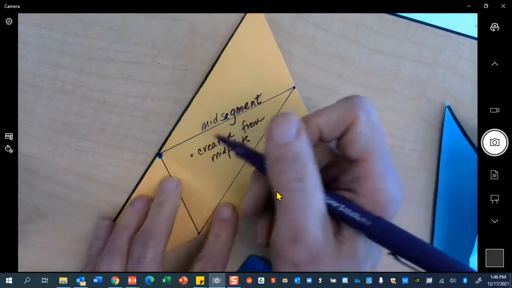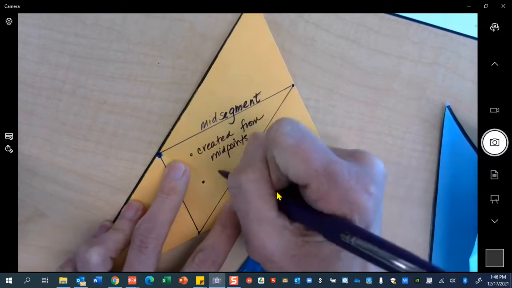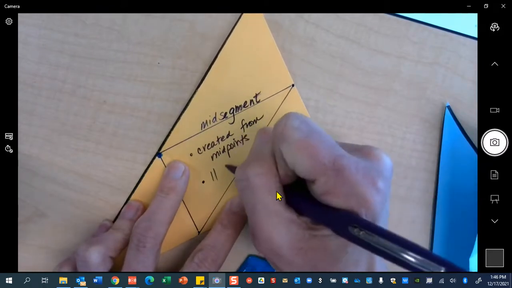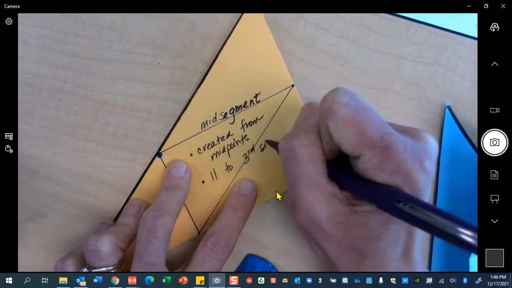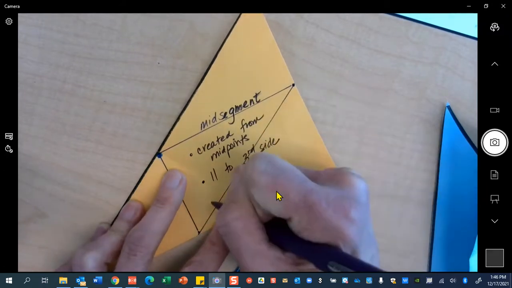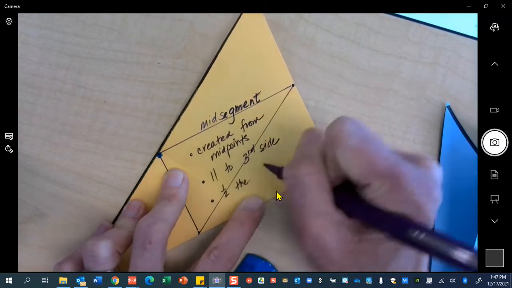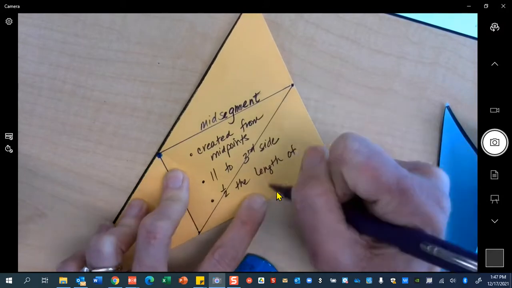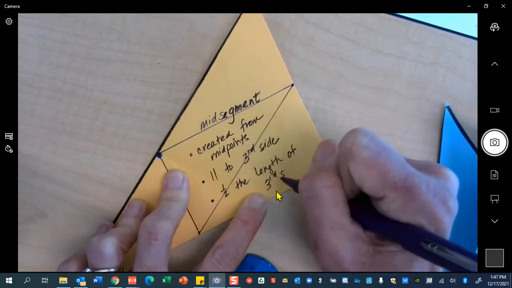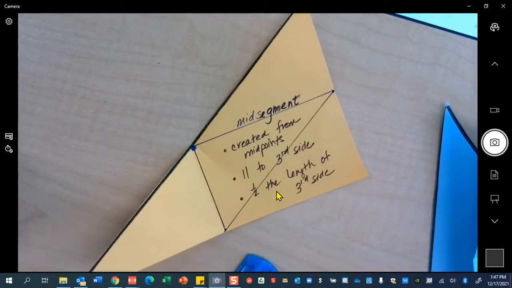The next thing you care about with your mid-segments is that it's parallel to the third side of your triangle. And of course, you already know that it's half the length of the third side of your triangle.